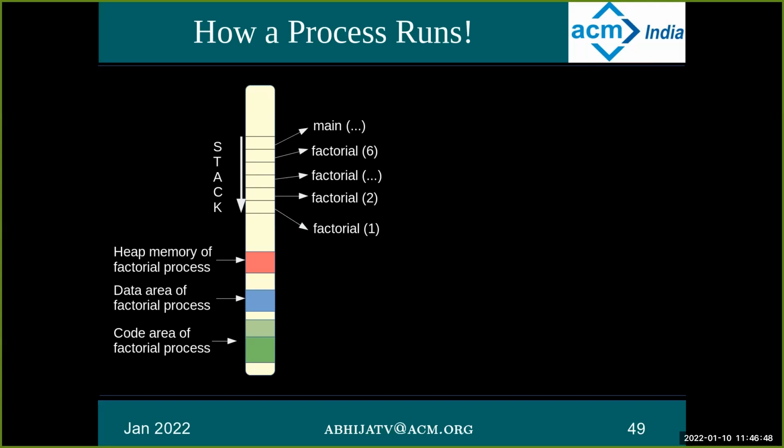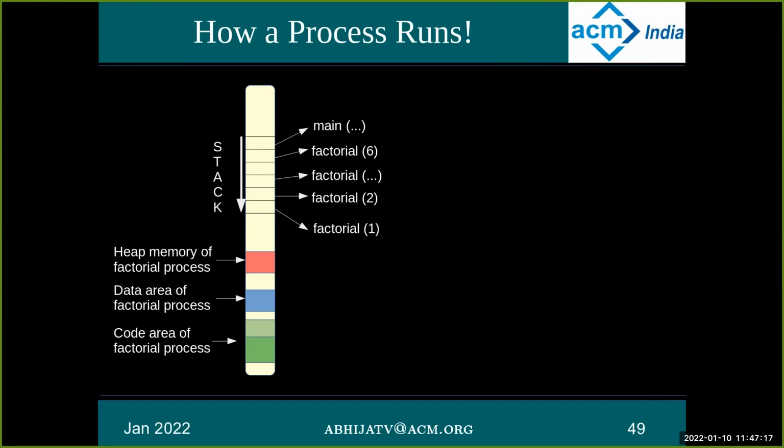We have already seen how this factorial program will work. What I'm showing over here is the view of the primary memory, primary virtual memory, from the point of view of actual execution of the code. Notice that the stack is growing downwards from the top of the image to the bottom side.